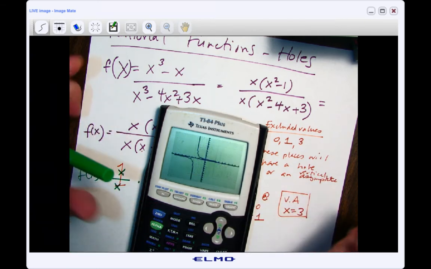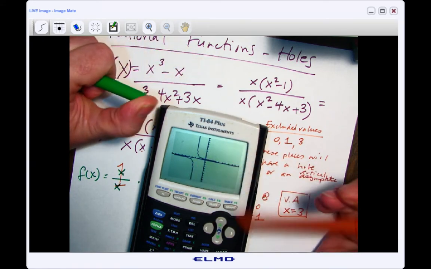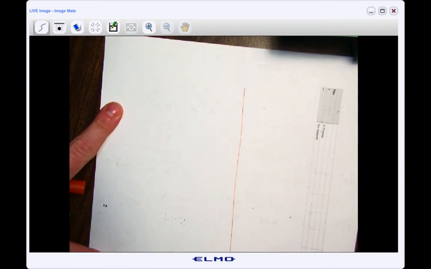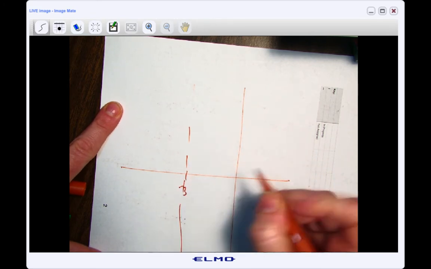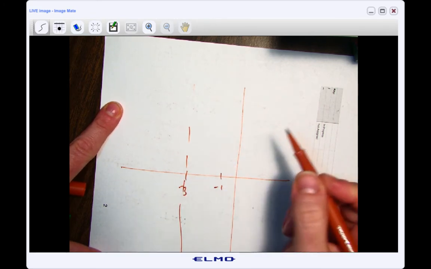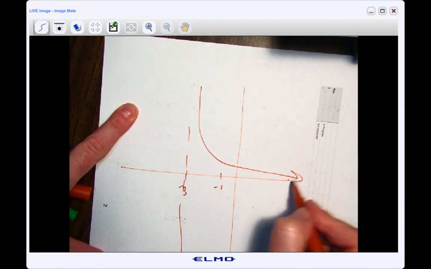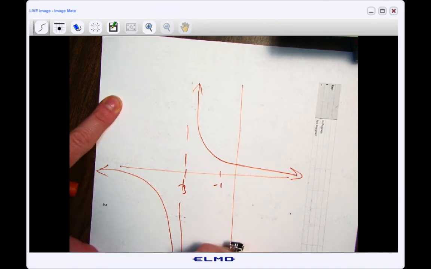Let's look at this graph again for a second. Imagine these are two graphs sitting right on top of each other. So let me draw them on the back side of this so we can see what I'm talking about. So what we actually have here is a graph. I think it was -3 was my asymptote. And then at -1, we had a little hole for one of them, and not a hole for the other one.